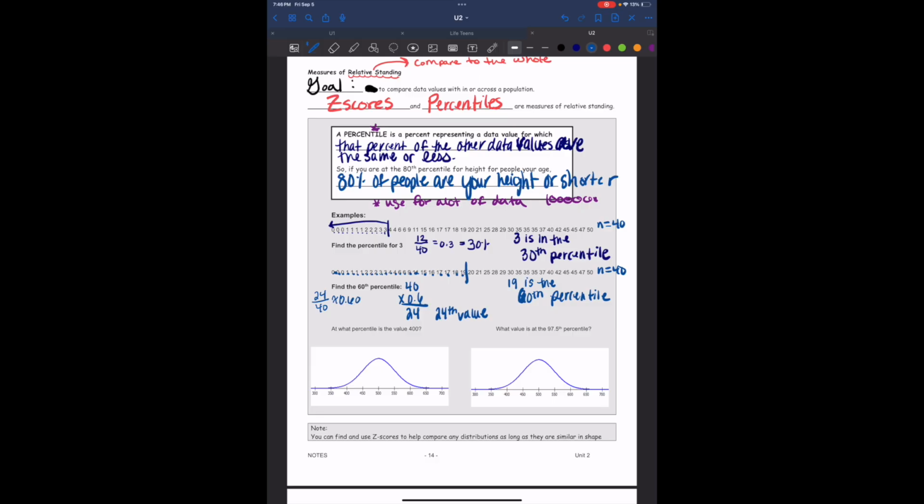Lots of data values could be in strings, but most of the time they'll be in some sort of display. They could be in a normal display. Now this one says, what percentile is the value of 400? So I want the values that are 400 and below. We've been pretty used to that.